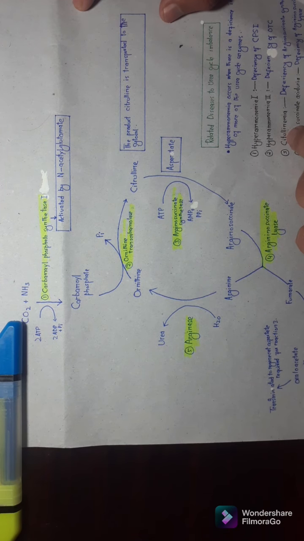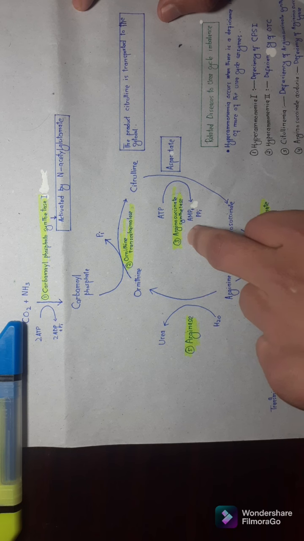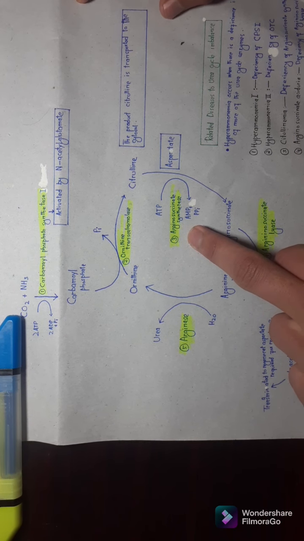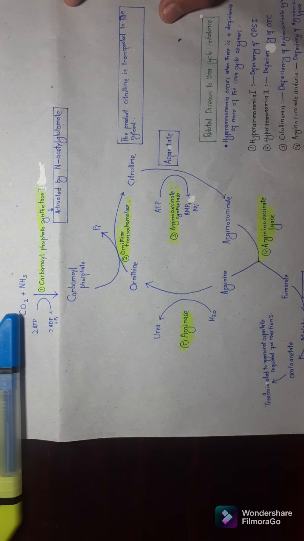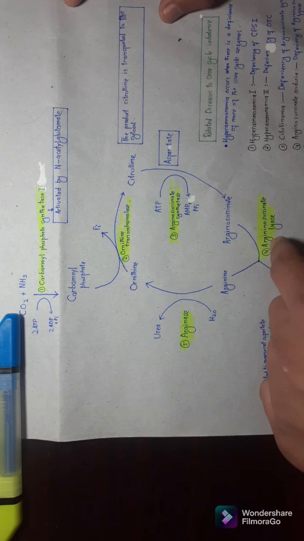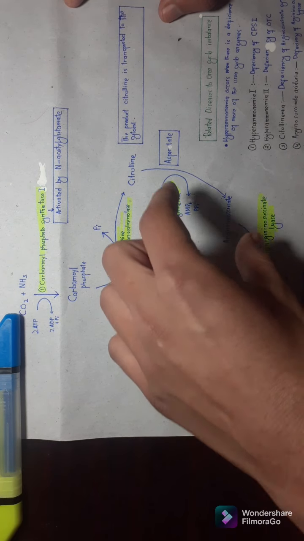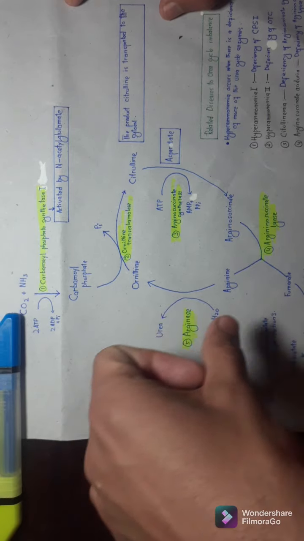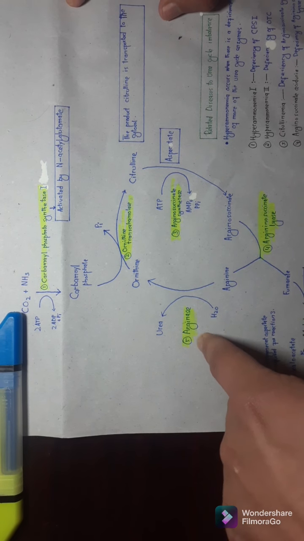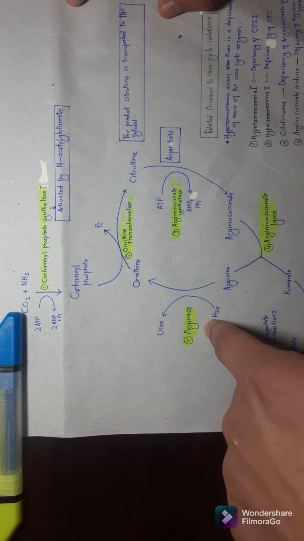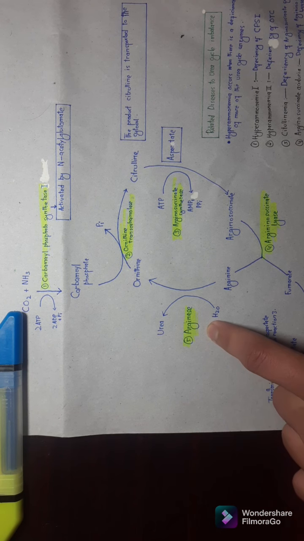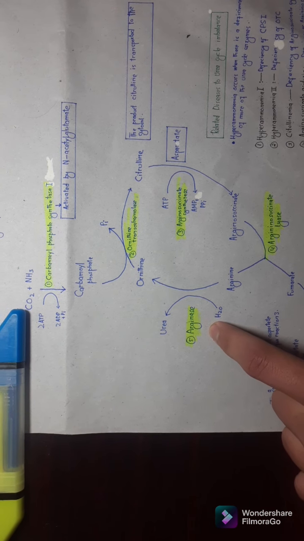The third one is citrullinemia, deficiency of argininosuccinate synthase. Okay. The fourth disease is argininosuccinic aciduria, which is the deficiency of argininosuccinate lyase. And the last disease is argininemia, which is the deficiency of the arginase enzyme. So this is the whole about protein metabolism.